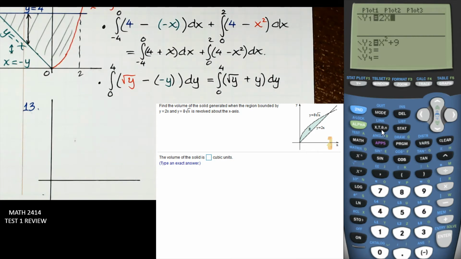We have 2x and a square root of x. Just graph.